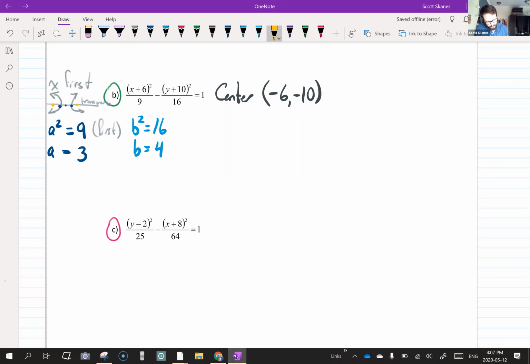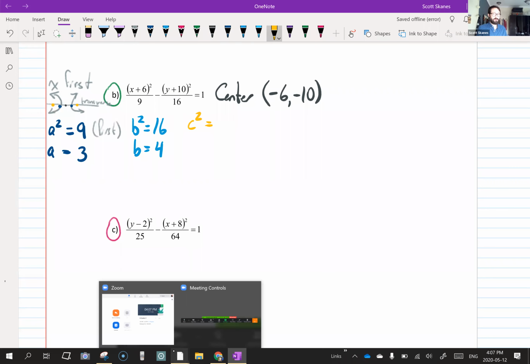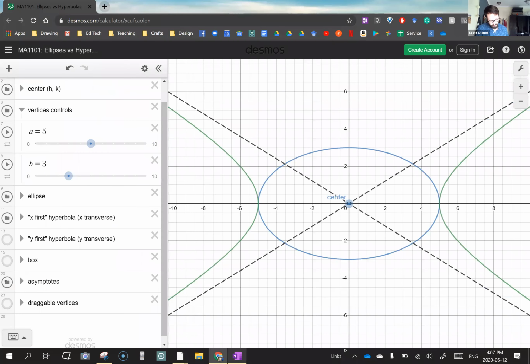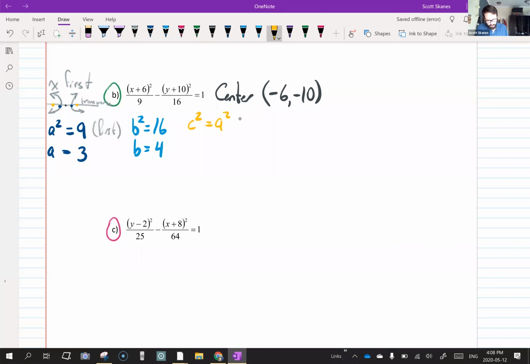I'll go ahead and get C. C squared is what? Well, yesterday it was A squared minus B squared. Today it's going to be A squared plus B squared. We already have A and B squared. They're right here.